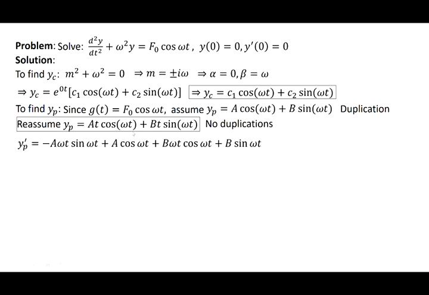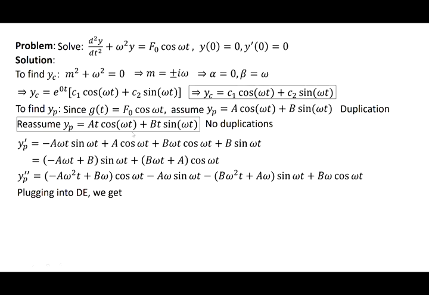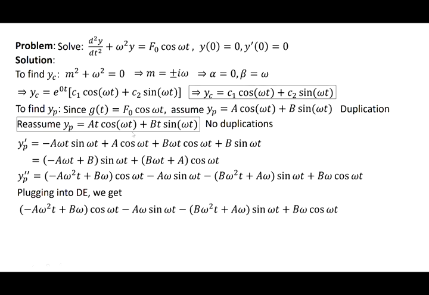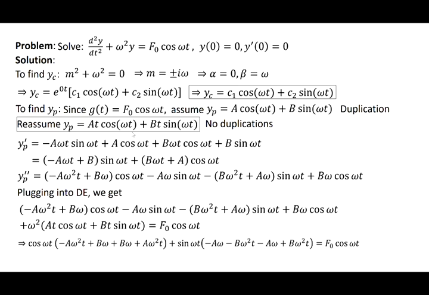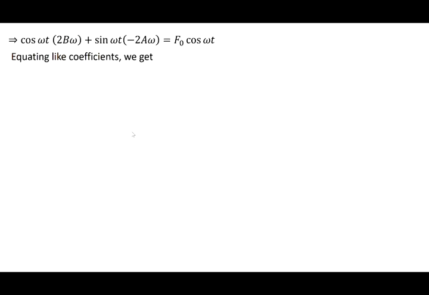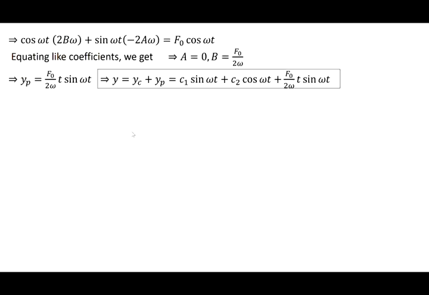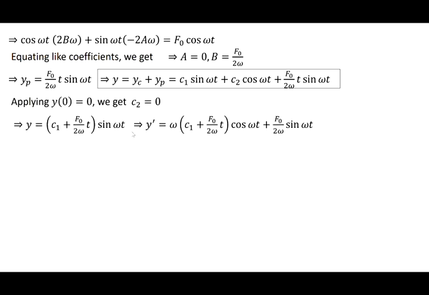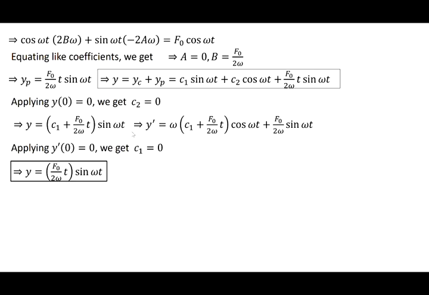And no duplications, and plugged all that stuff in. I'm not going to go through all of this. I'll have this in the notes so you can look at it if you are interested. And go through the equating of like coefficients and all that nonsense and applying the initial conditions. And finally, this is the idea.